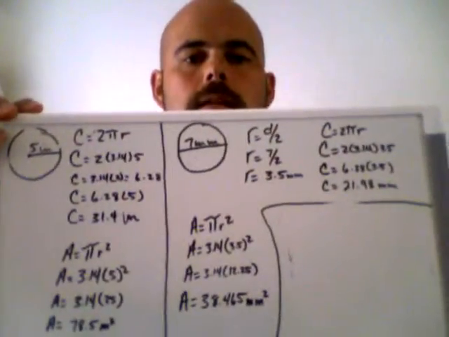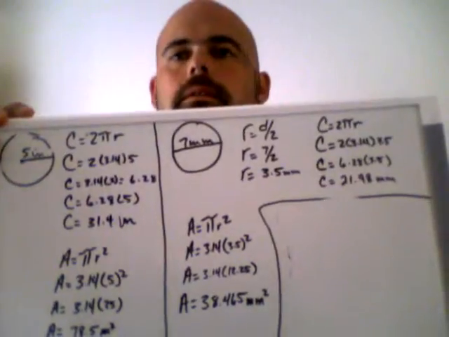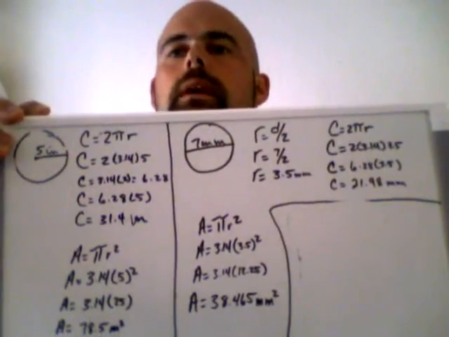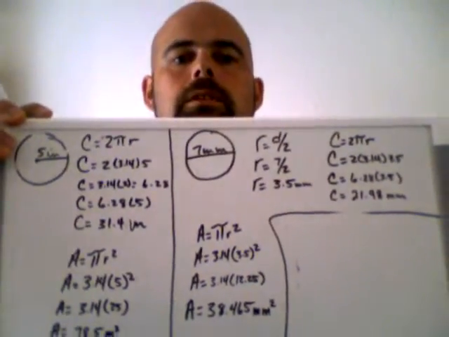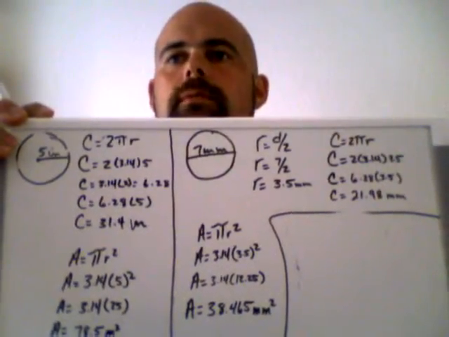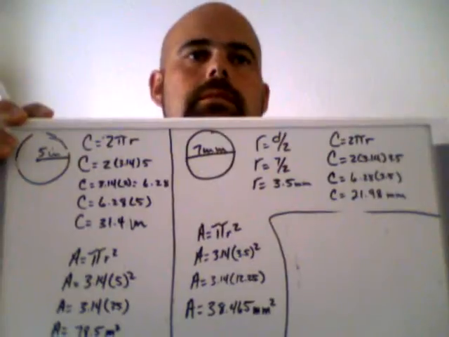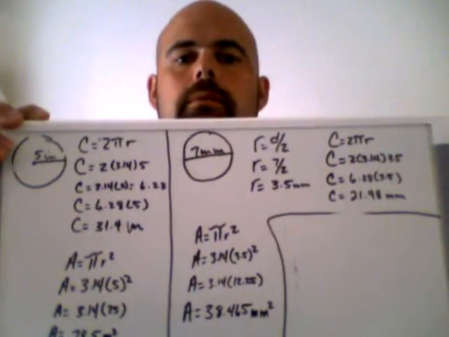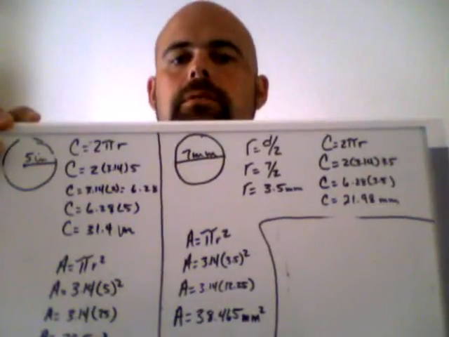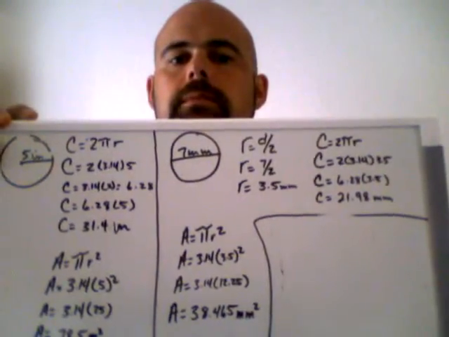Alright. The next example we have is a circle with a diameter of 7 millimeters. Okay? So the first thing we need to do is find our radius. Well, radius is the diameter divided by 2. Our diameter divided by 2 is 3.5 millimeters.